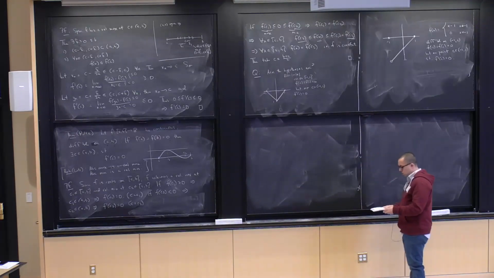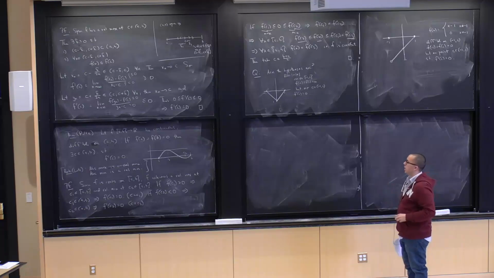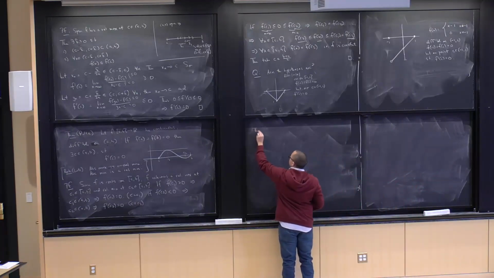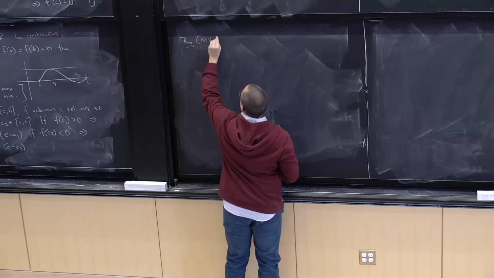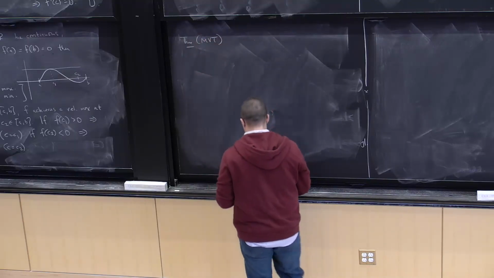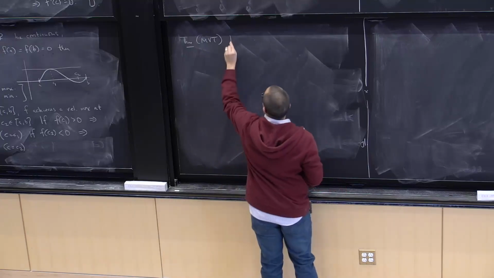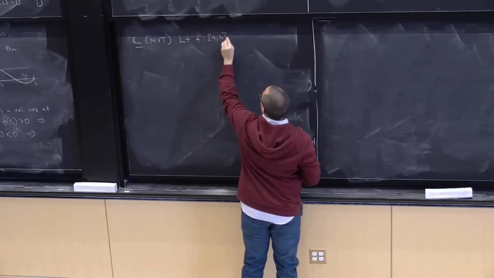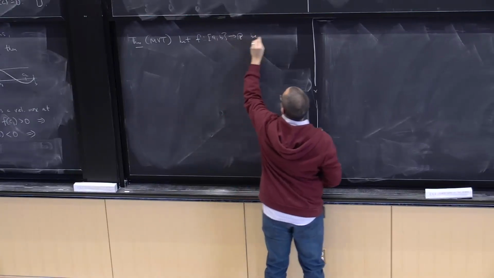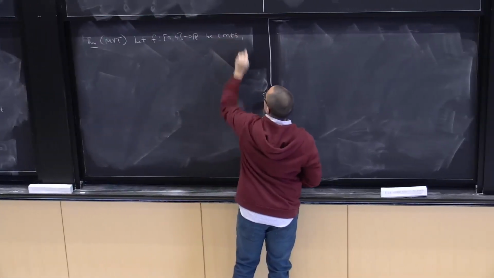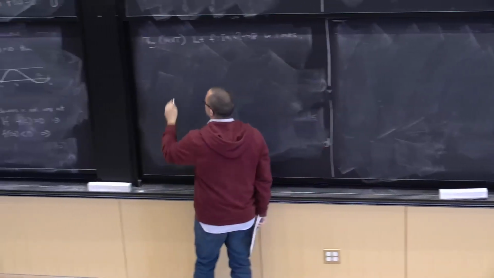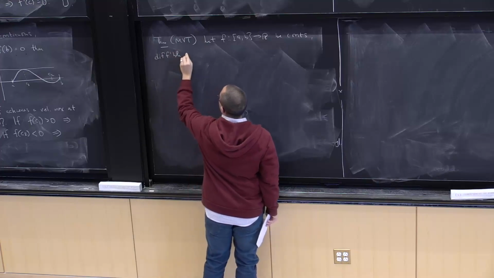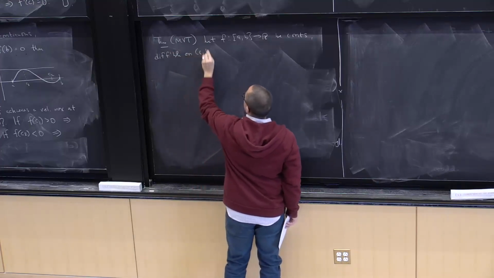All right, so let's rotate this picture here and arrive at the mean value theorem. Let f from [a,b] to R be continuous, so it's continuous on the closed interval [a,b], differentiable on (a,b).